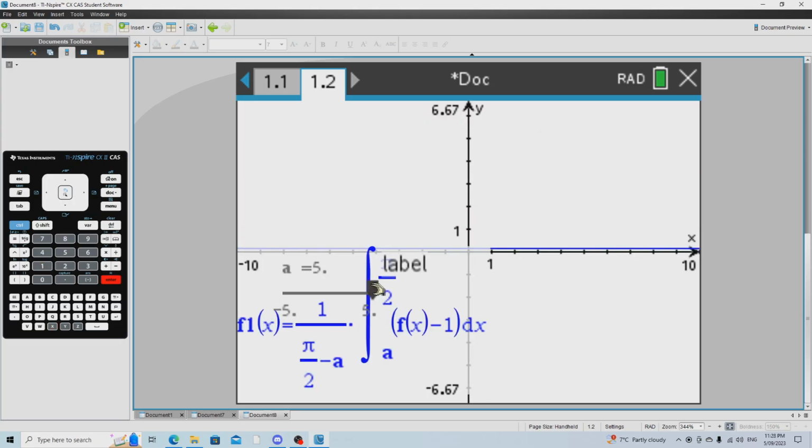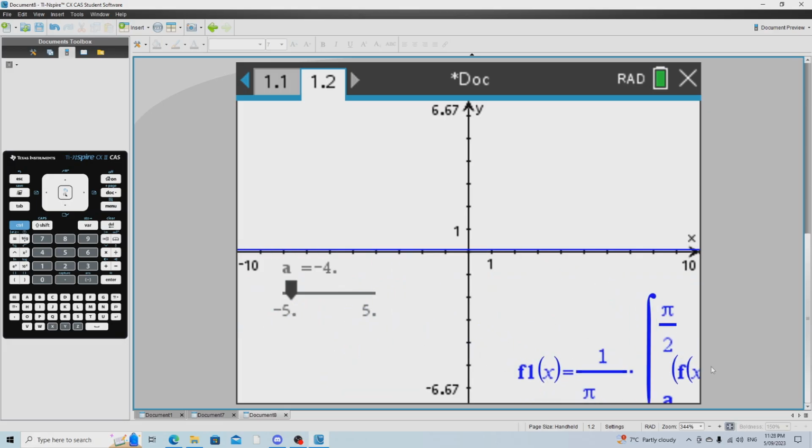Enter. Okay. Take this over here. Find the value of this. Okay.